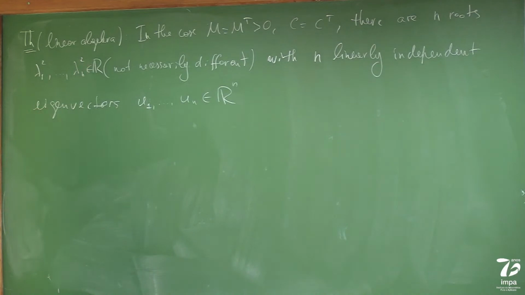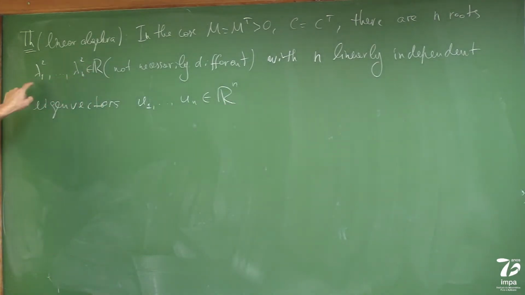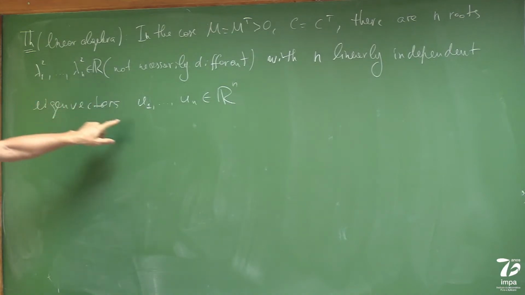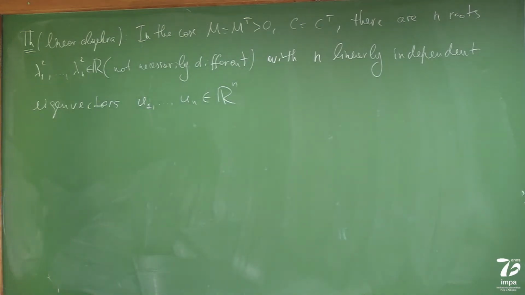What this theorem tells us is that we can associate to each eigenvalue an eigenvector. But sometimes this is not unique, especially if lambda 1 and lambda 2 are the same, then there is no unique way to choose eigenvectors.